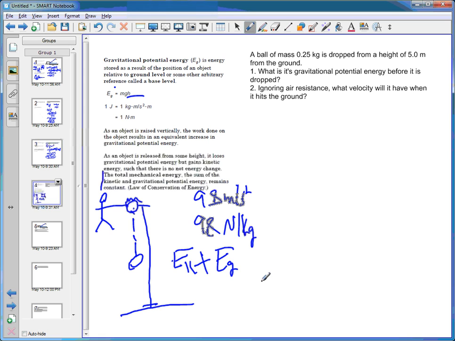EG equals mgh equals 0.25 kilograms. It's always important to include your units in your calculations.